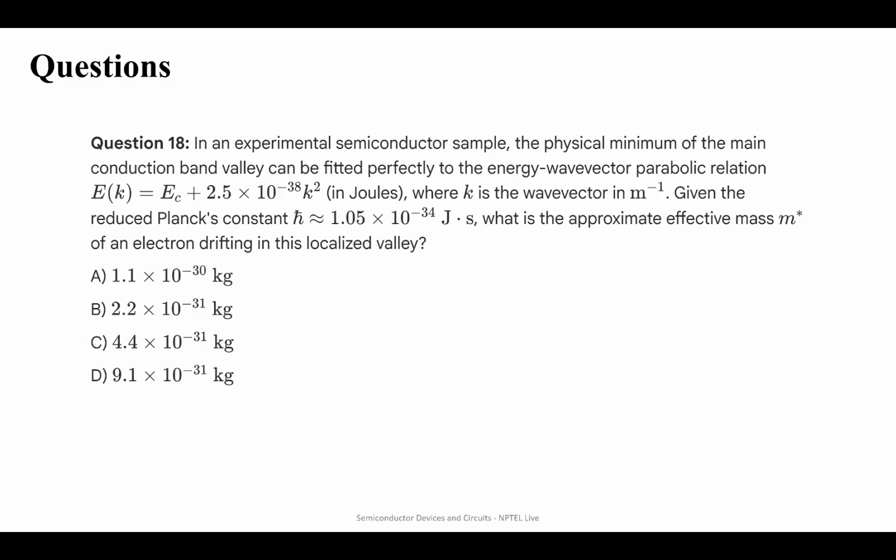Given the reduced Planck's constant h bar equals 1.05 times 10 power minus 34 joule second, what is the approximate effective mass m star of an electron drifting in this localized valley? Option A, 1.1 times 10 power minus 30 kg. Option B, 2.2 times 10 power minus 31 kg. Option C, 4.4 times 10 power minus 31 kg. Option D, 9.1 times 10 power minus 31 kg.